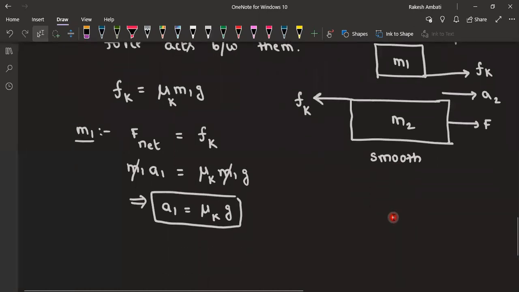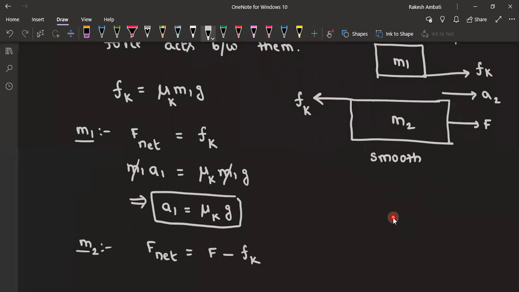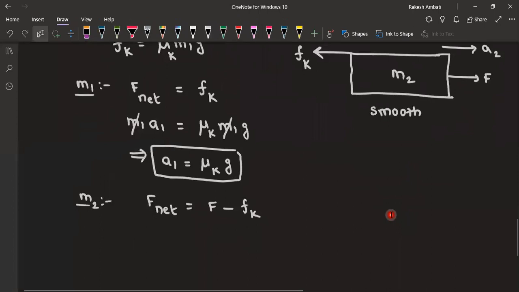In the same way, in the case of M2 block, what is the dynamic equation? F minus Fk or Fk minus F? F minus Fk. Now resultant force means mass into acceleration.